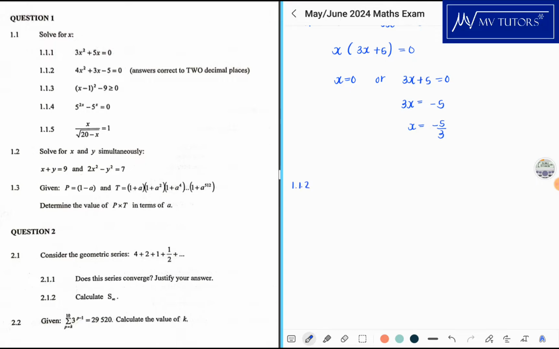Okay, that was fair enough. 1.1.2. As soon as you see answers correct to 2 decimal places, you know you must use your quadratic formula. So we have 4x squared plus 3x minus 5. So don't try factorize and just go straight to the quadratic formula. Alright, and if you forgot, this is what it is.